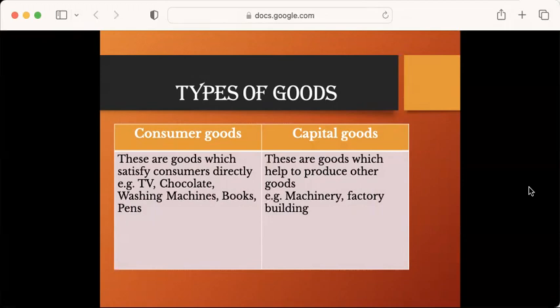But some goods, like a machine in a factory or a factory building, are also man-made economic goods, but these are used to make some other goods. So when something helps us to produce other goods, we call those capital goods. And when something just helps us to make ourselves happy, we call that consumer goods.